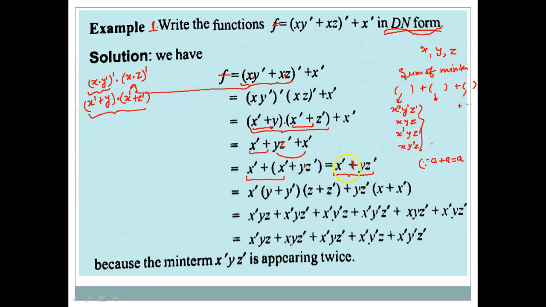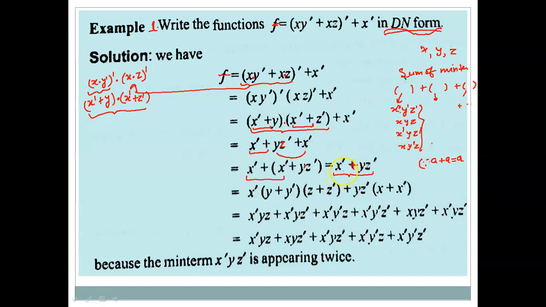Now our target is to obtain the disjunctive normal form, and disjunctive normal form means at every step we must have three variables x, y and z, either simply the variable or its complement.